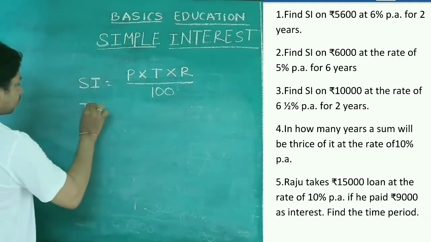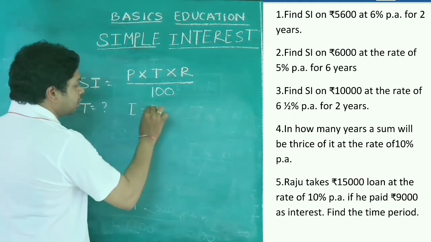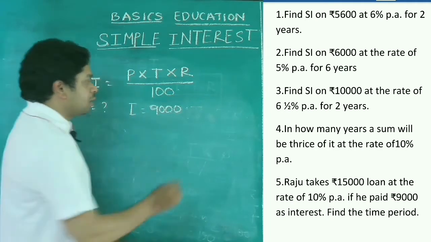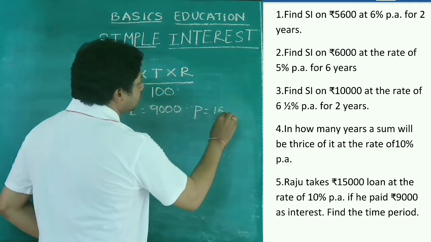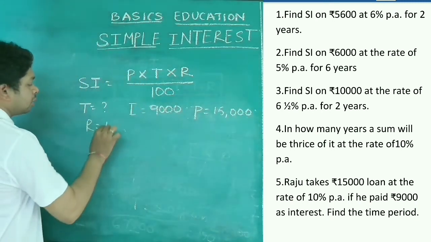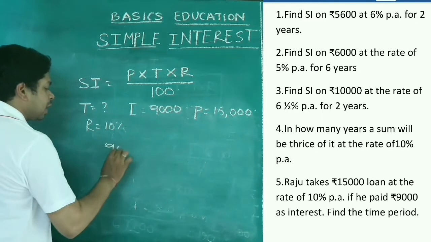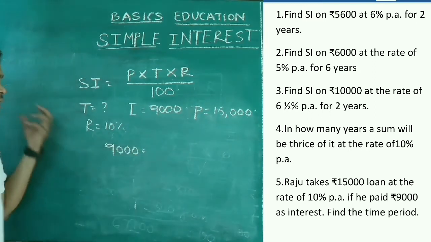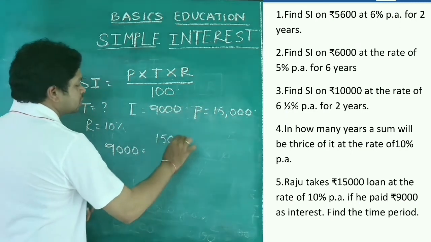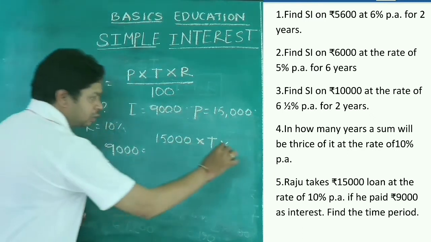And the interest 9,000 rupees he paid, okay, at the end of the particular time period, and the principal amount is 15,000 rupees and the rate is 10% from the data. So applying the data on the particular formula, that is I equal to PTR by 100, then 9,000 rupees is equal to principal amount 15,000 rupees into time period we have to calculate, and rate he has given, that is 10% by 100.